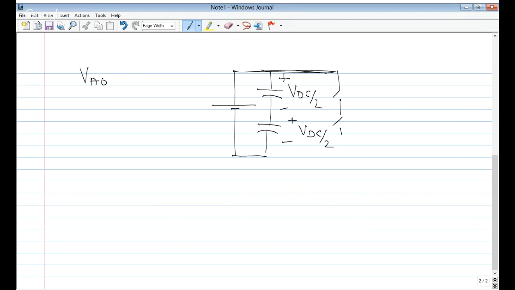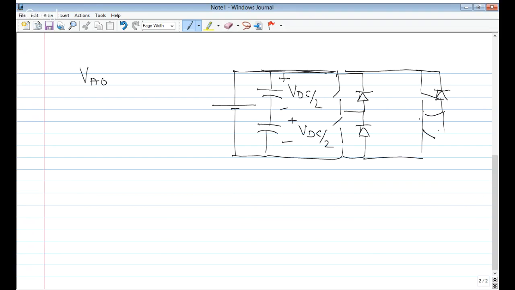Now here we have switches and diodes. Like this, we have switches and diodes. So this is S1 D1, S4 D4, S2 D2, then S3 D3.